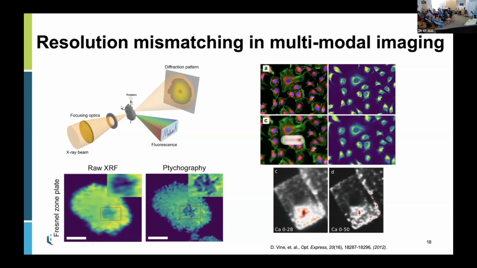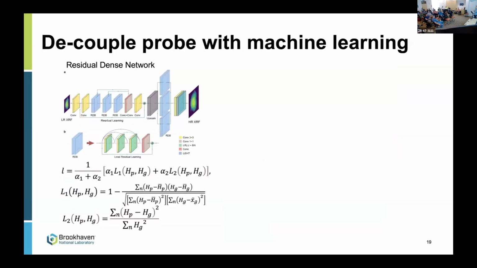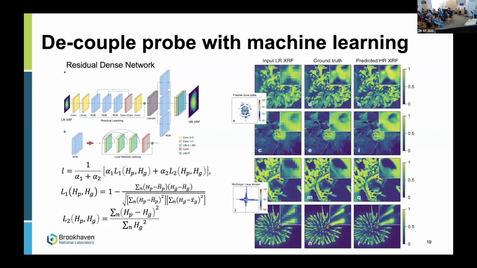And then my colleague Long designed a network to learn the relationship between these high and low resolution image pairs. And once we have this network trained, we can feed the network a low resolution image, and it's able to recover the high resolution image. And we simulate two cases with two different probes, focused by a Fresnel zone plate and by a multilayer Laue lens.